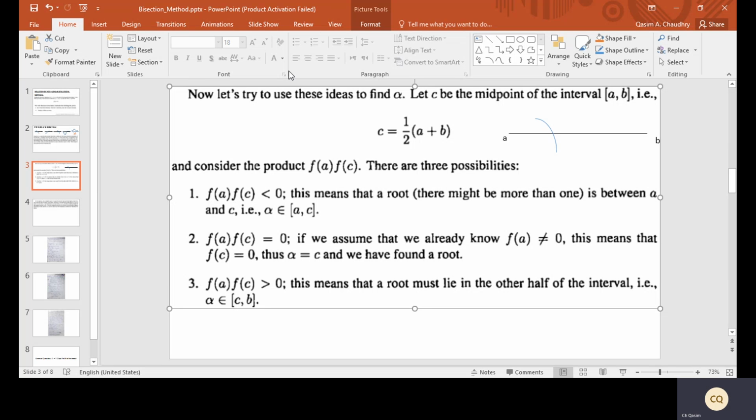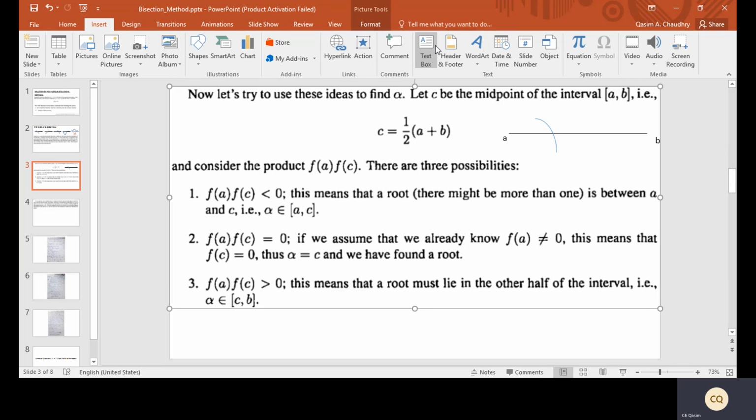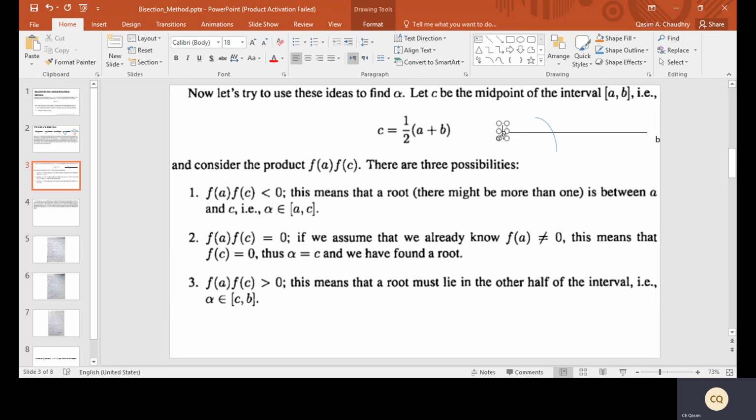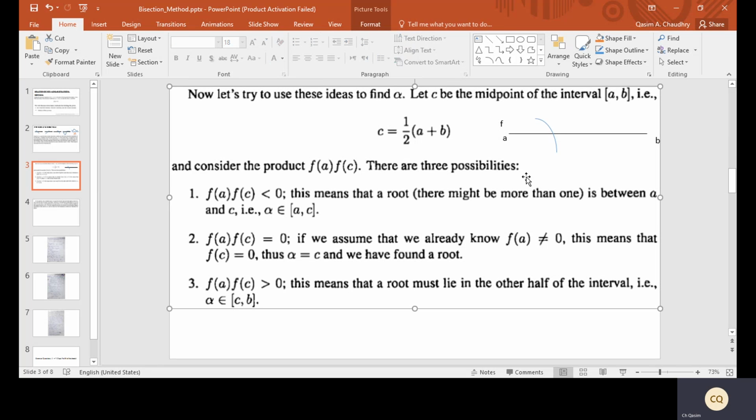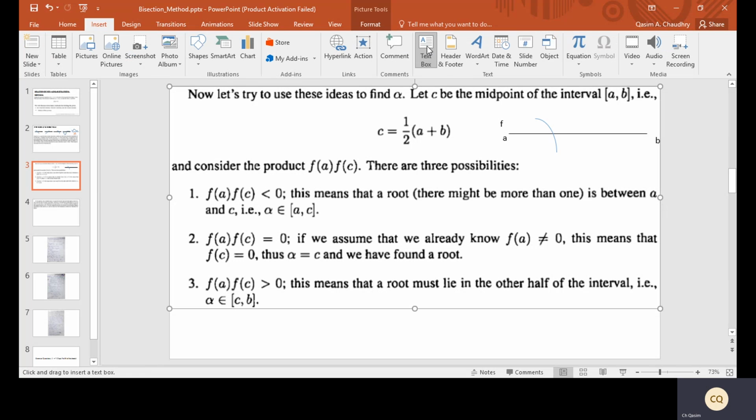And now we are going to check the functional value. Let's say we call this one F. Now I'm going to check the function value F. Students, let's say at this point it is negative. Let's write this one as a negative value because in the beginning you don't know what the answer is.